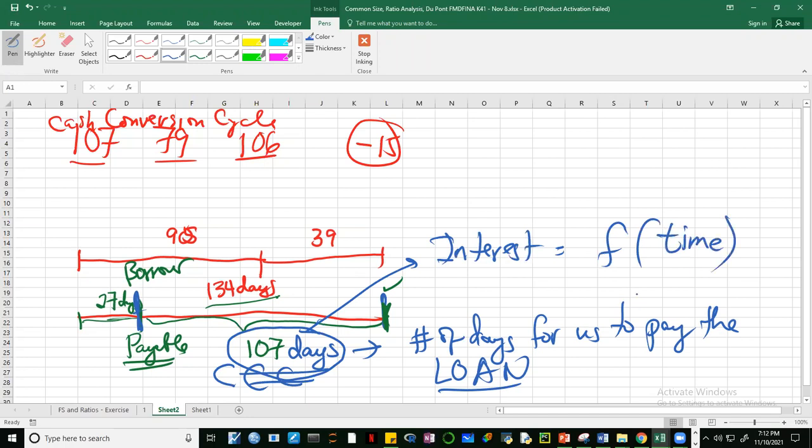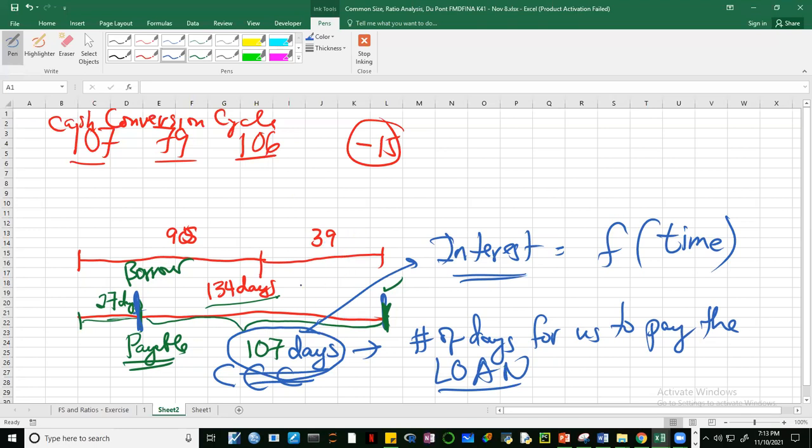Ibig sabihin, kung mas matagal yung term natin, mas matagal natin bago mabayaran yung loan natin, syempre, mas mataas ang magiging interest natin. So pag mataas yung cash conversion cycle, mas costly yan para sa company. It's a lot more costly for the company if their cash conversion cycle is high.